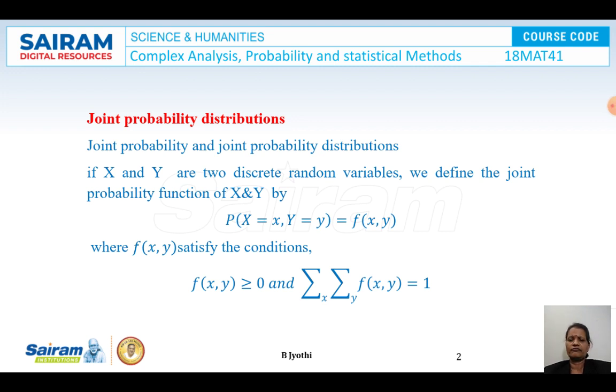If x and y are two discrete random variables, we define the joint probability function of x and y by P(X = x, Y = y), that is given by f(x,y), where f(x,y) satisfies the conditions f(x,y) is greater than or equal to 0 and the double summation of f(x,y) is equal to 1 over x and y.